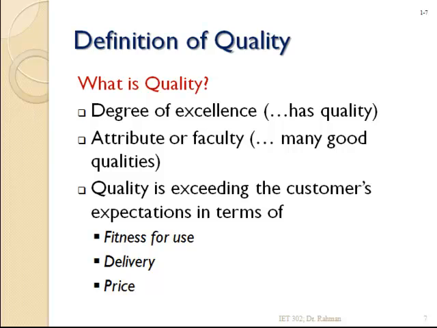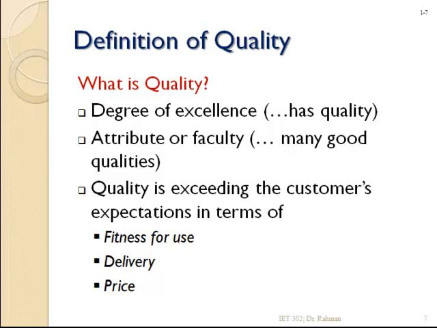Now, what is quality? Many of you know, naturally, we can say quality is how good the product is, or the degree of excellence. Sometimes we also mean different attributes of a product, for example, fitness for a purpose, or deliverability, or even the price of the product.